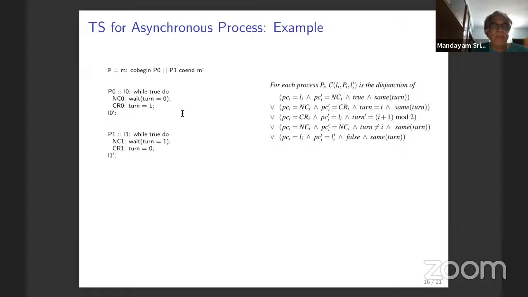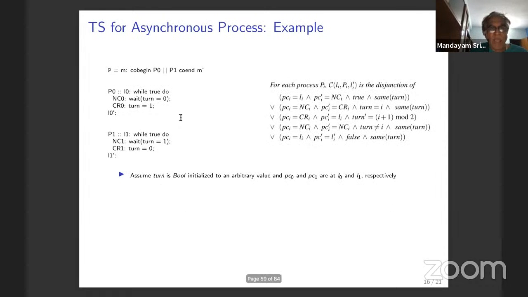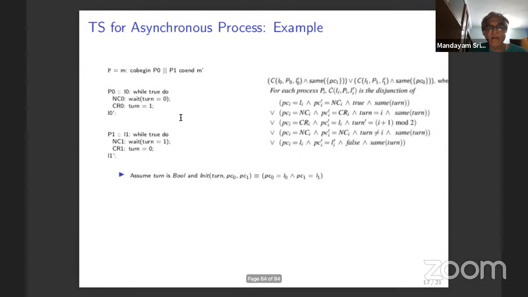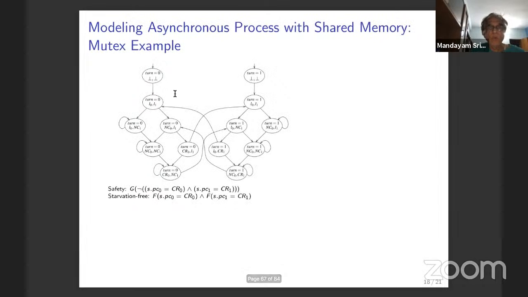And then the transition relation of the asynchronous composition of these two things is just the disjunction of the transition relations corresponding to these two processes, okay? When you do that, what you have is something like what you see here, okay?